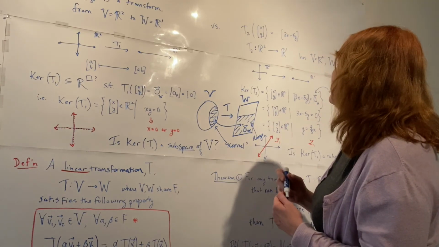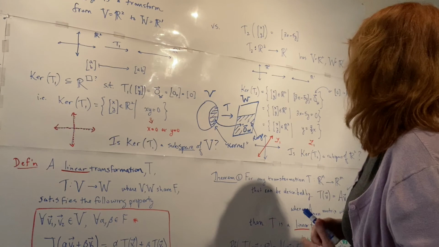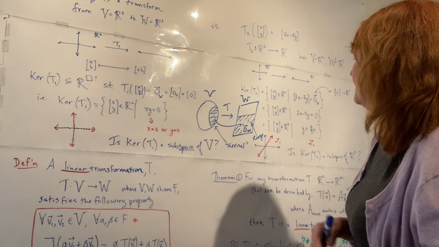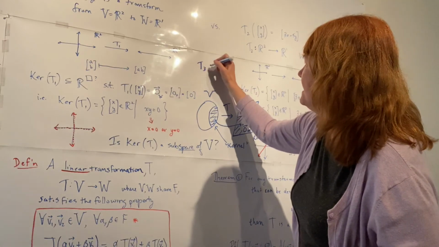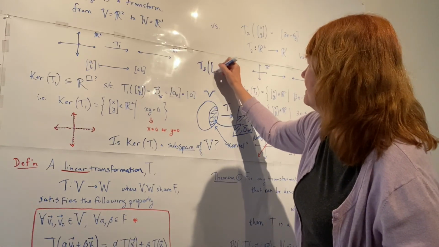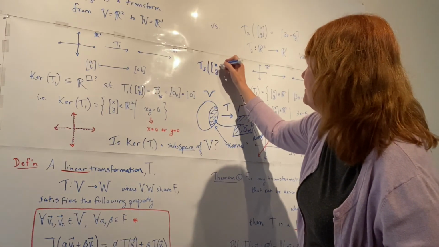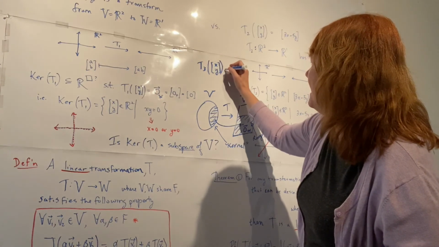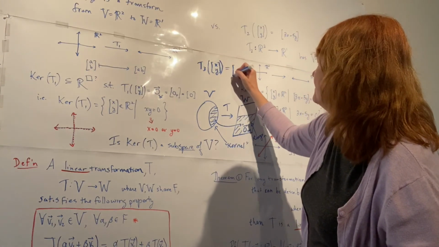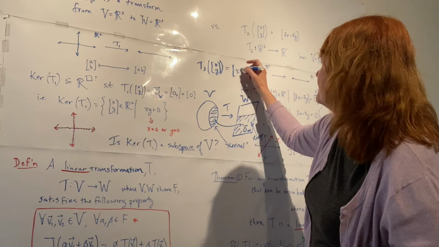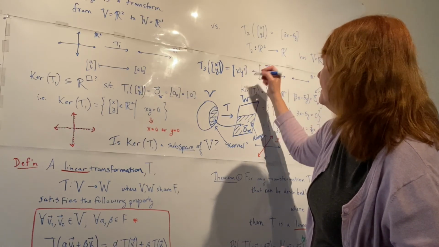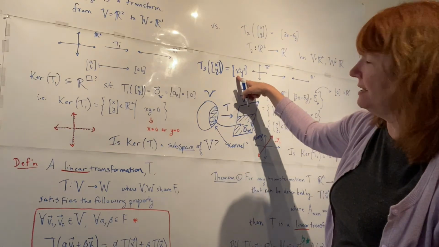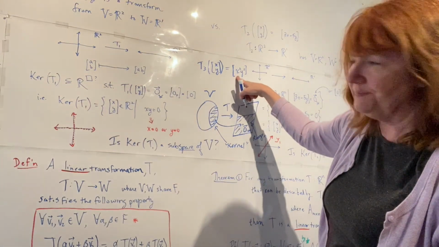For example, if I had a transformation, let's say T3, that takes a vector from R2 and maps it to, let's say, x squared, y squared, all those entries would be real.